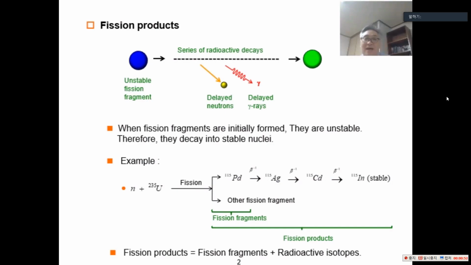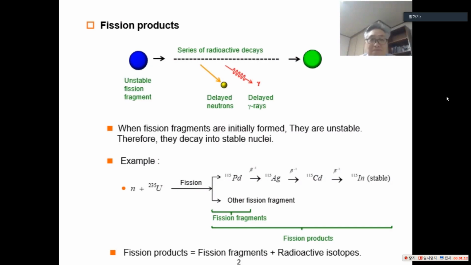The fission fragments we call fission fragments or fission products. So there are particles produced after fission. Uranium-236 just disintegrated into 2 or 3 fission fragments.